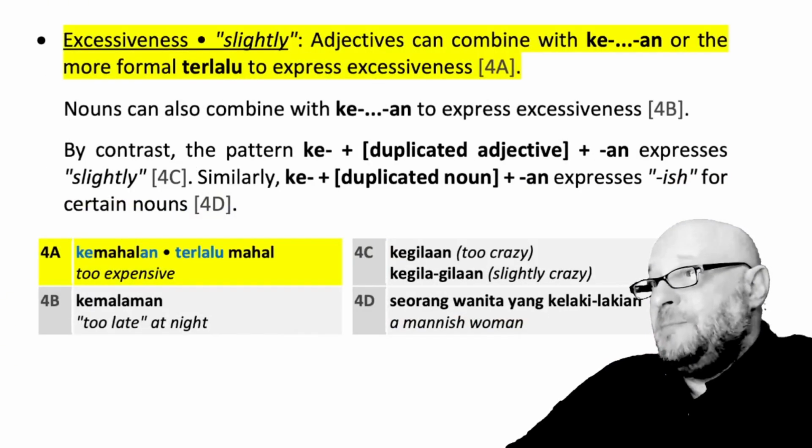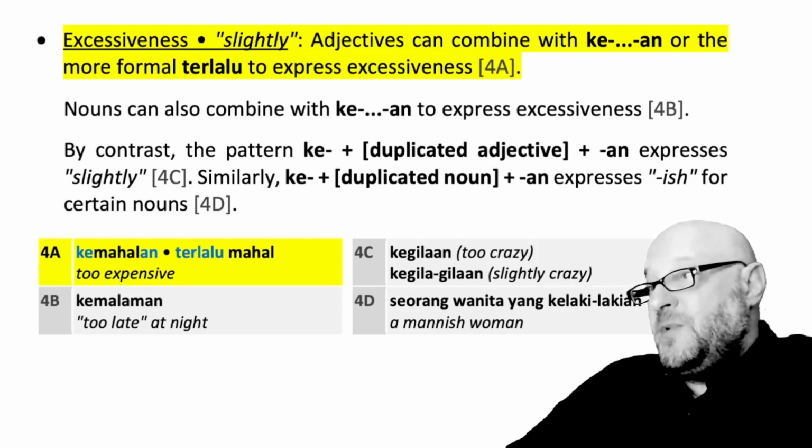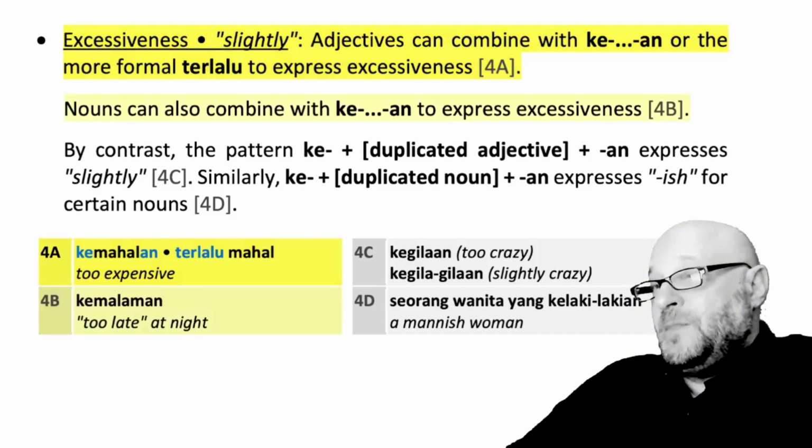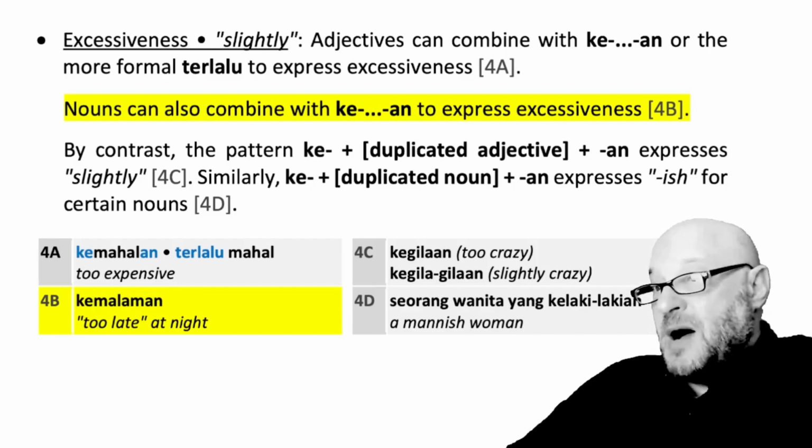Excessiveness, slightly. Adjectives can combine with ke-an or the more formal terlalu to express excessiveness. Example 4a, kemahalan, too expensive, terlalu mahal. Nouns can also combine with ke-an to express excessiveness. Example 4b, malam becomes kemalaman, too late at night.